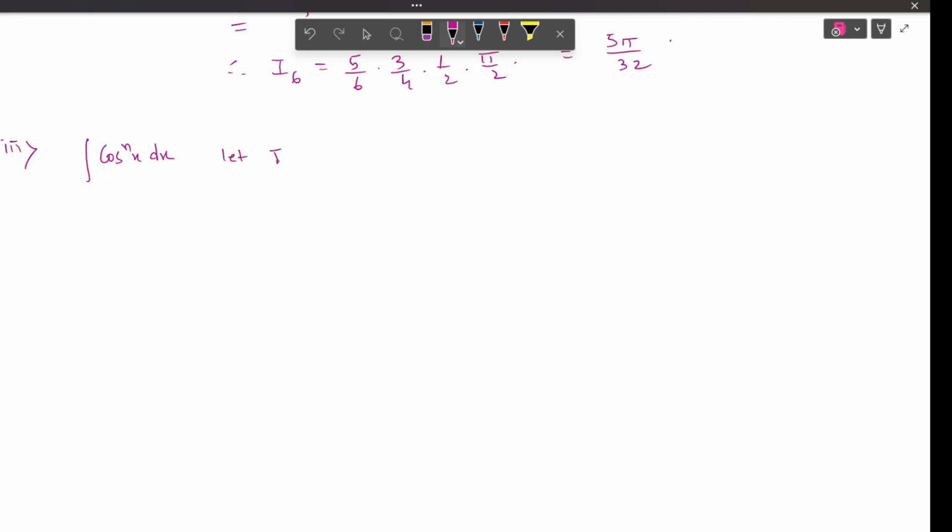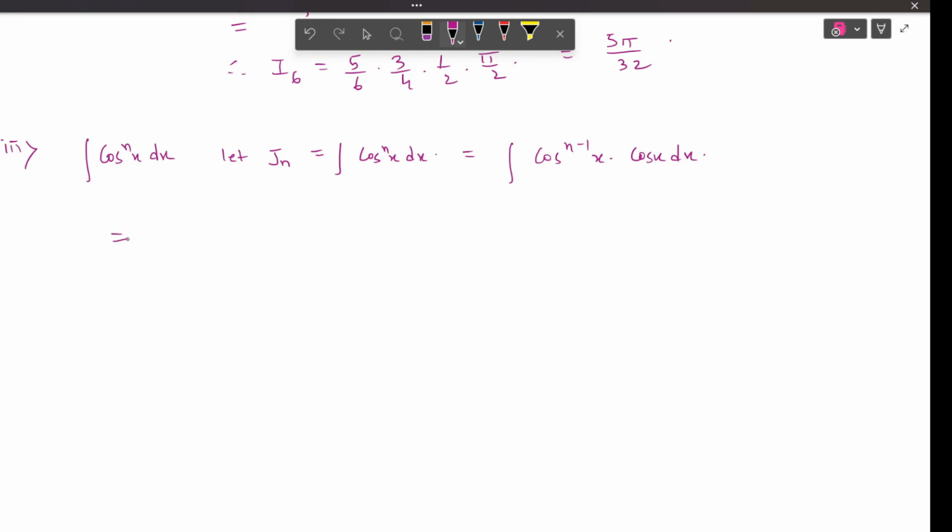Let Jn is integration cos to the power nx dx. So we can write it as, this is the same method you have to follow. So cos to the power n minus 1x into cosine of x dx. We can write this. If you add the power, you will get cos to the power nx dx.